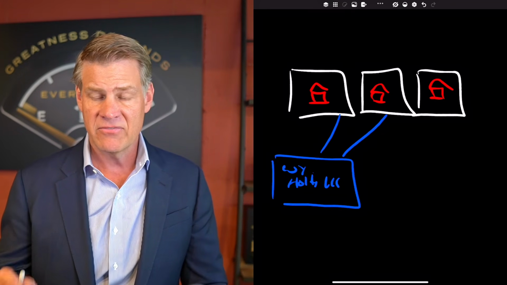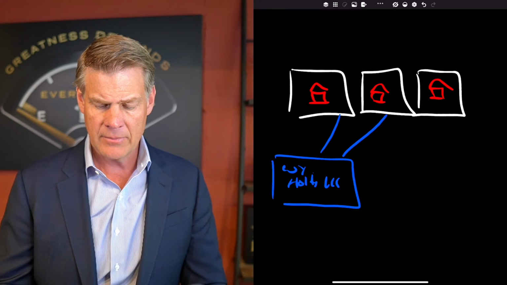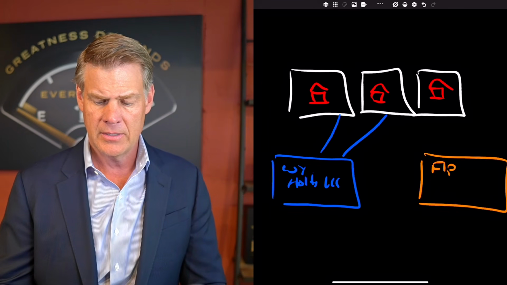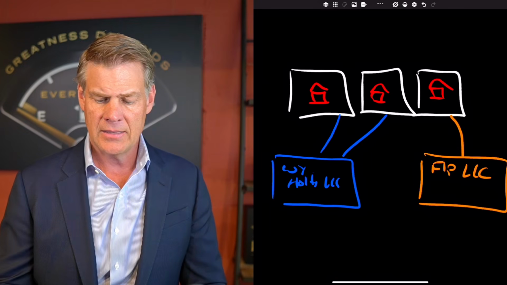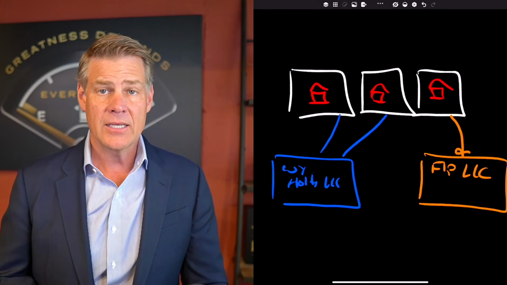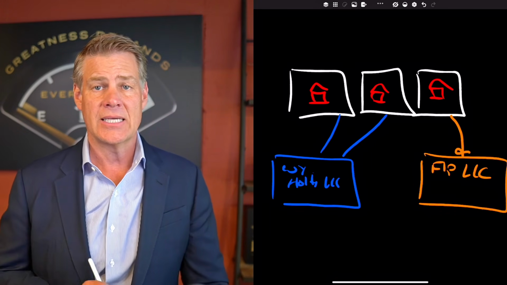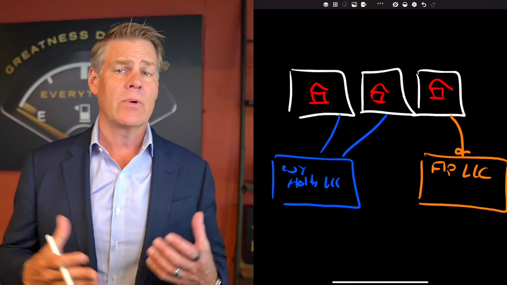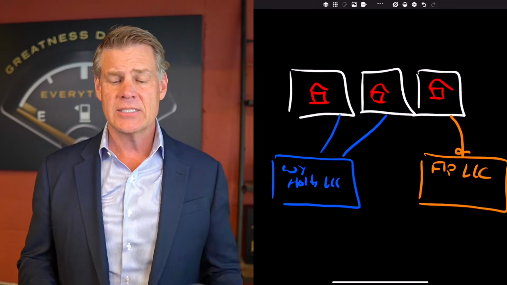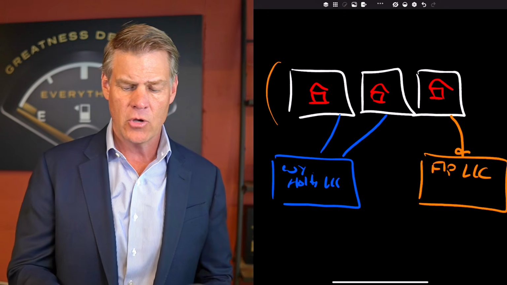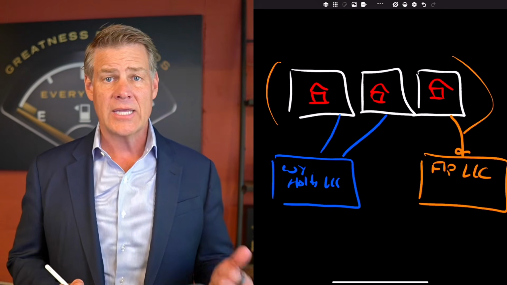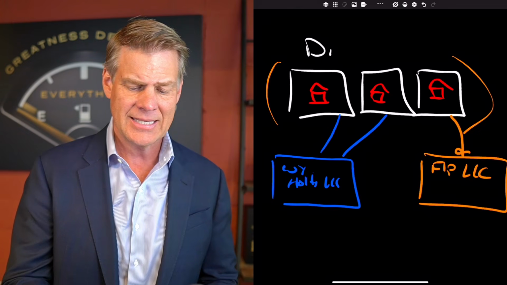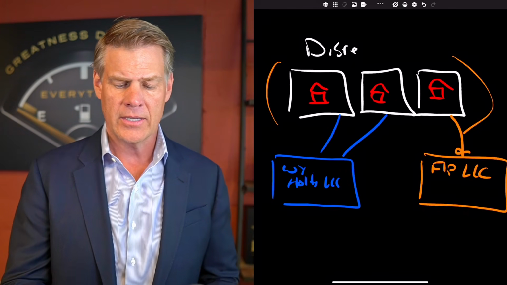Now again, if I'm flipping property, then I'm going to have my flipping LLC set up here. So we'll just call this flip LLC. And then the flip property, that LLC will be placed into this entity right here. So again, this is why when I originally started talking about the entities, I recommended that when you set up your entities to hold your tax lien properties or your tax deed properties, set them up as disregarded.